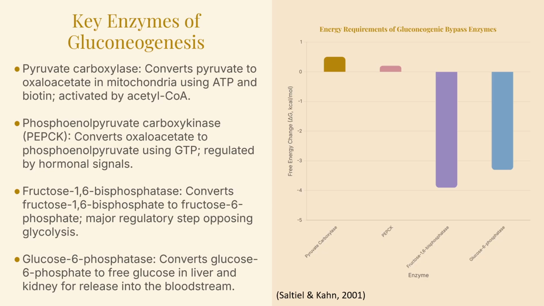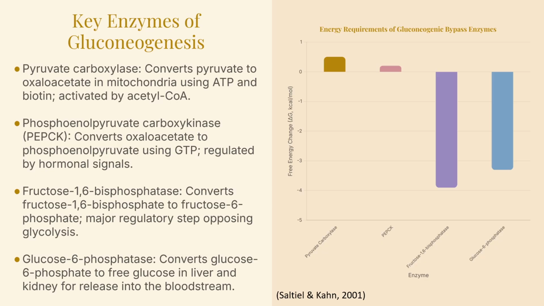Another major regulatory step in gluconeogenesis is catalyzed by fructose 1,6-bisphosphatase. This enzyme removes the phosphate group from fructose 1,6-bisphosphate to produce fructose 6 phosphate.